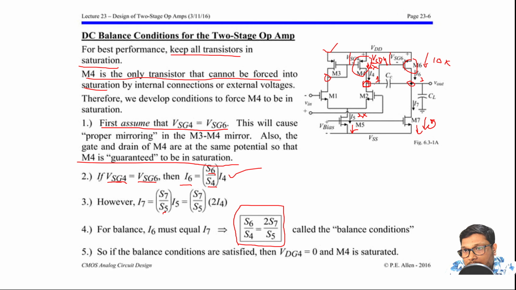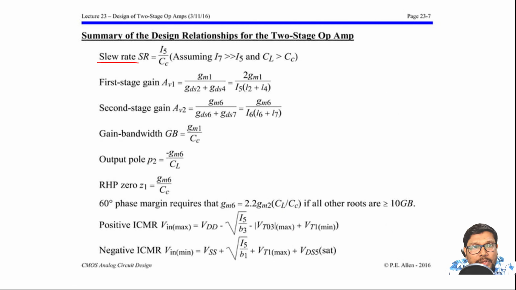So we'll find the current at the input side, and that should be our minimum, because that will decide our slew rate. So slew rate will be I5 by CC, assuming, as I have told, that CL is greater than CC, but with the gain CC will become more dominant.